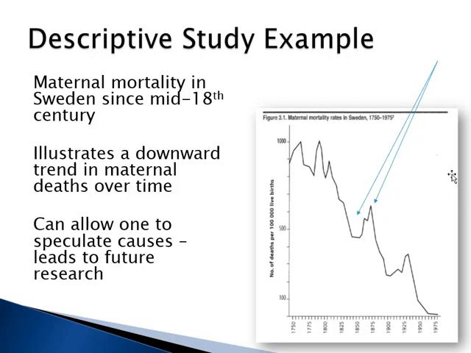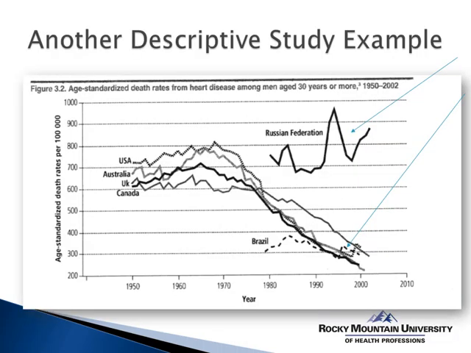Or was there potentially a new virus that occurred during this time period, and then treatment for that virus helped to return this normal downward trend? So it allows one to speculate causes, and it can contribute to future research.